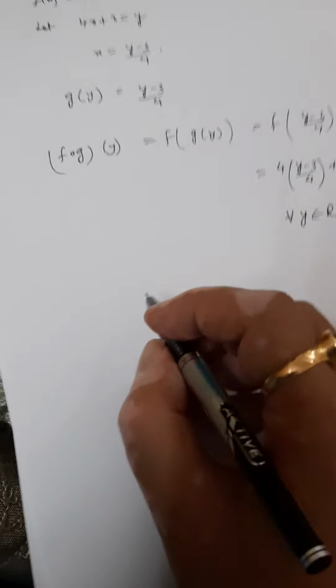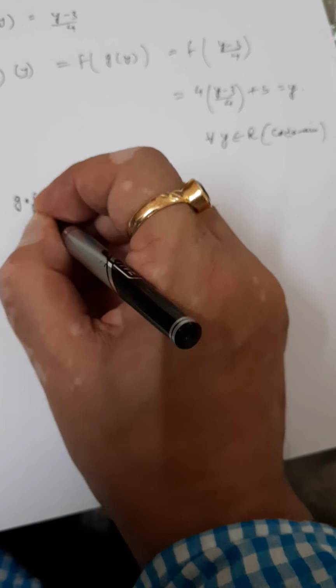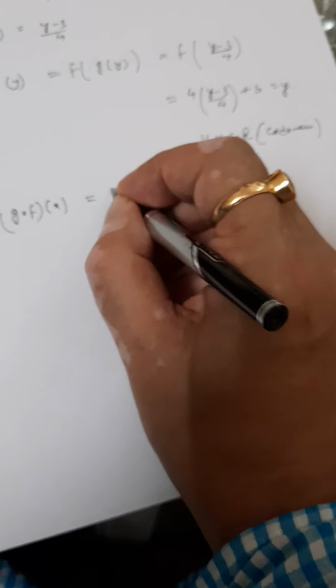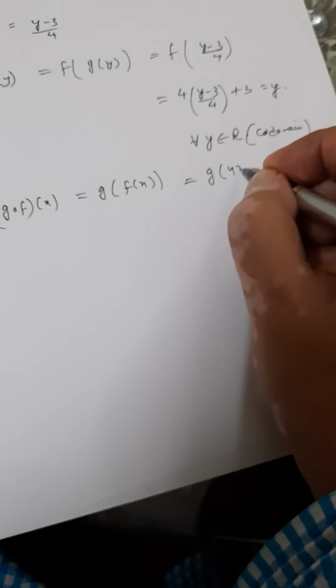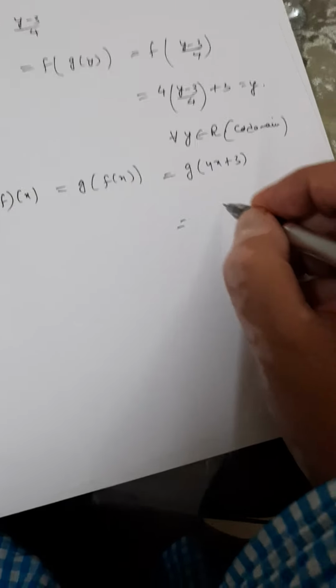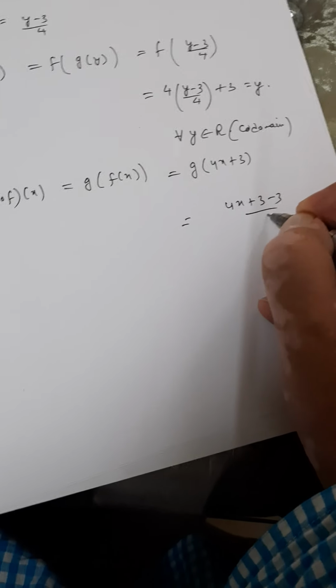Now, in the same way, gof of x is g of f(x). This is g of 4x plus 3, which is (4x plus 3 minus 3) by 4.